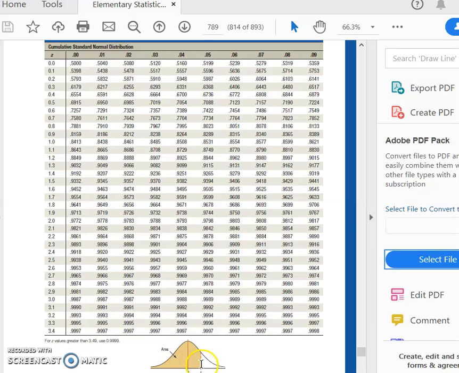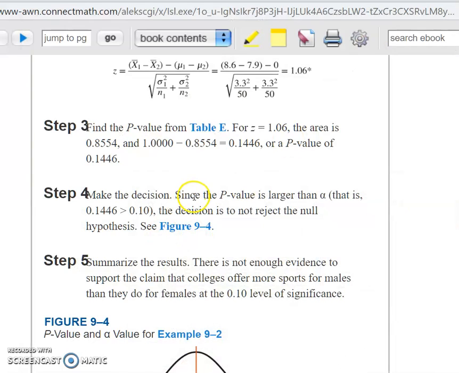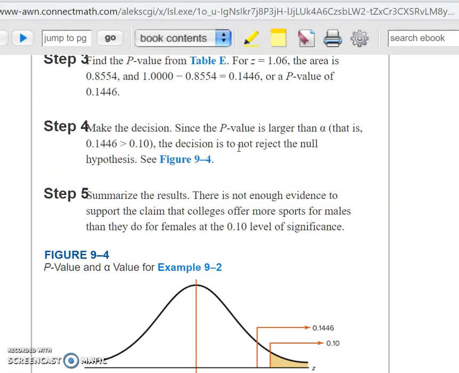Well, what's the area to the right? It's going to be 1 subtract 0.8554. So that's what the author is saying right here. He says 1 subtract 0.8554 is equal to 0.1446. So in other words, that's the p-value.